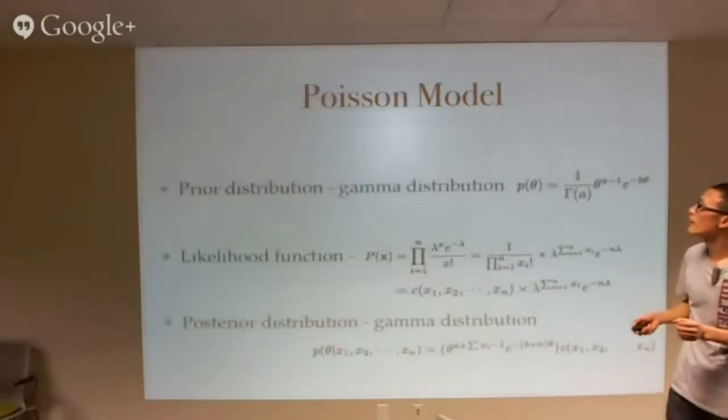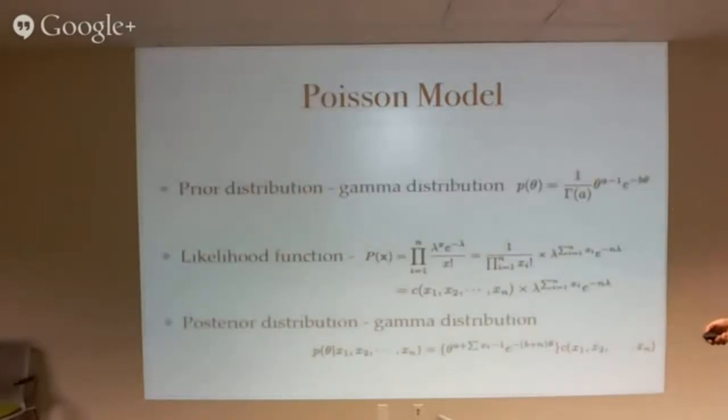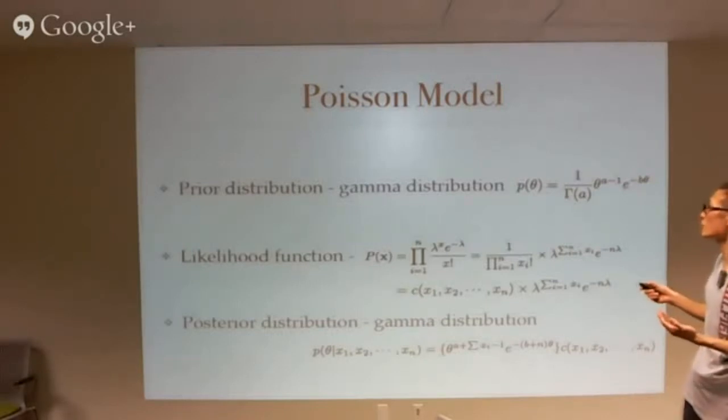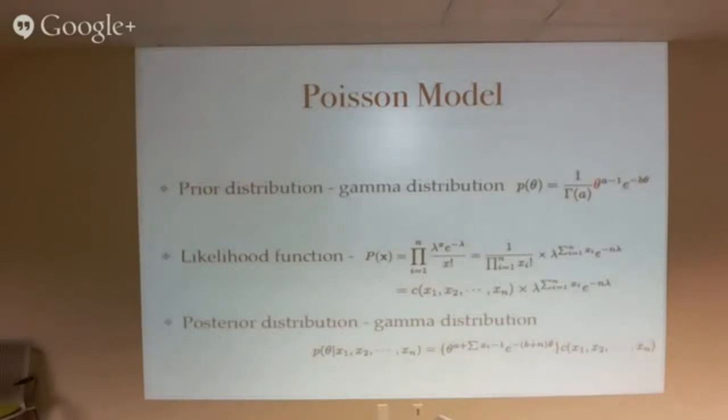Okay. And the next model is the Poisson model, and we also have the prior distribution, but this time the prior distribution is a gamma distribution. The gamma distribution we can write in this way. This is the gamma function, and theta to the power of a minus 1 and e to the power of negative b times theta.